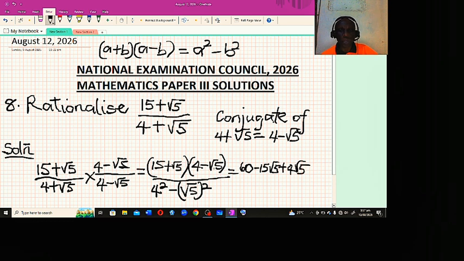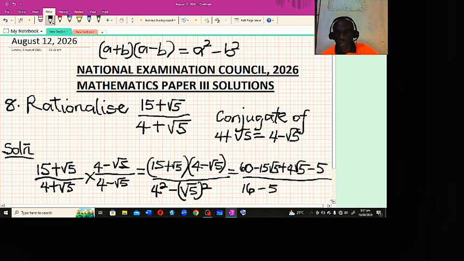Then root 5 multiplied by negative root 5 gives us negative 5. Remember, root a multiplied by root a gives you a. That's a rule of surds. We divide that by the square of 4, which gives us 16, and the square of root 5, root 5 multiplied by root 5, gives us 5. Take note, this is minus 5.